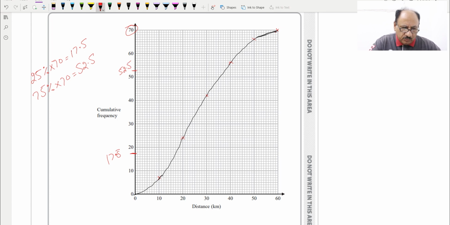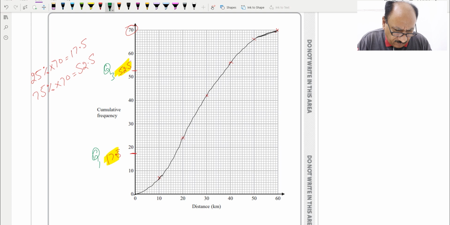So we have taken these two, this is the upper quartile and this is the lower quartile, and we can mention this as Q3 and this one as Q1. Then we can check the references from here. I will erase this because I need to be more accurate.